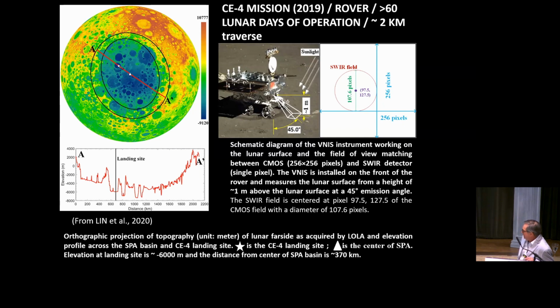The VNIR part is a CMOS camera, and the SWIR part is one single detector, in the red circle that you hardly see, slightly on the left of the white screen here. The integrated result is one spectrum that we can obtain on the surface of something like a few square centimeters at the surface of the moon.